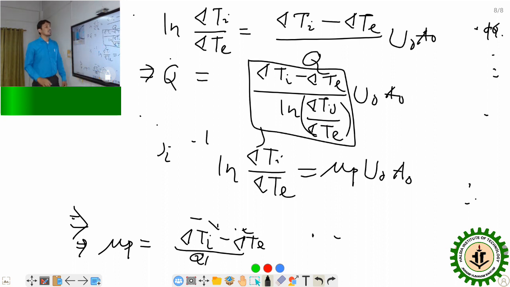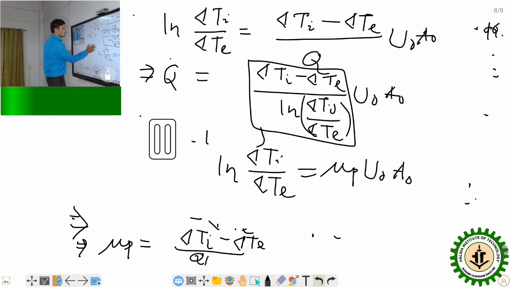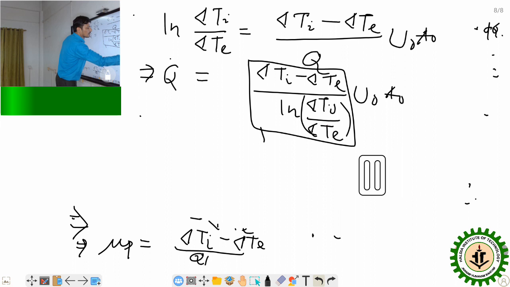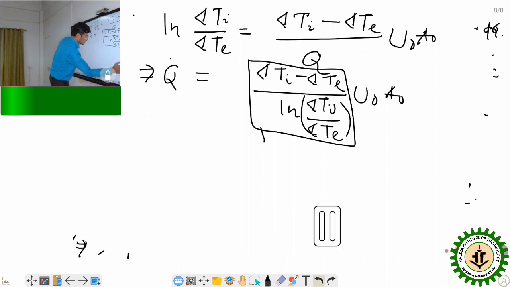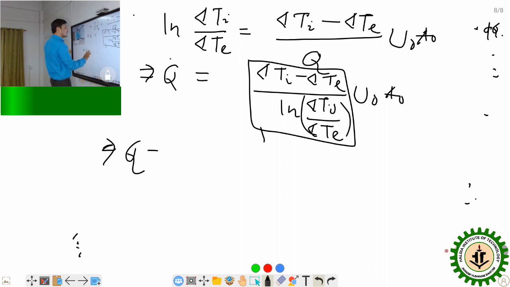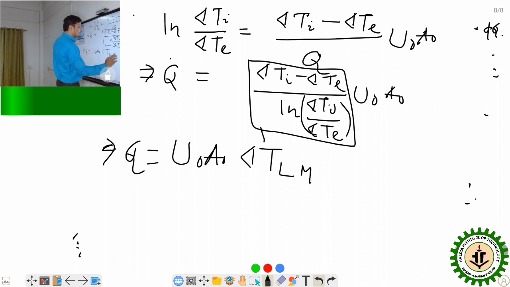This boxed term is known as the del T LMTD. Q is U0 A0 del T LMTD. Here LMTD is the log mean temperature difference.